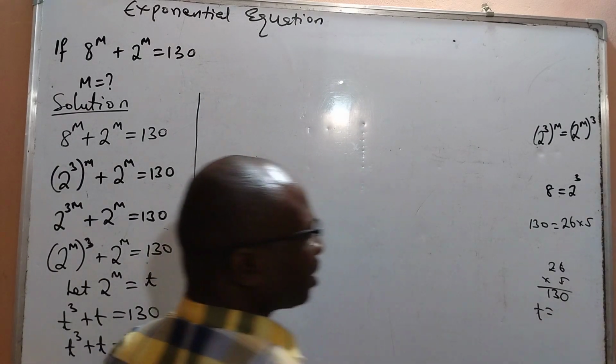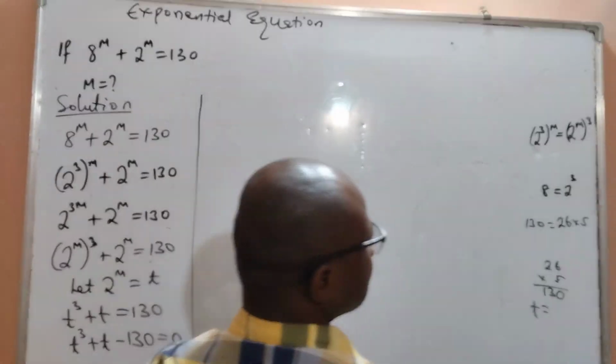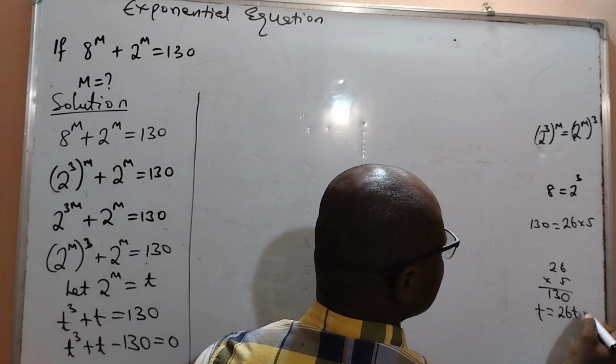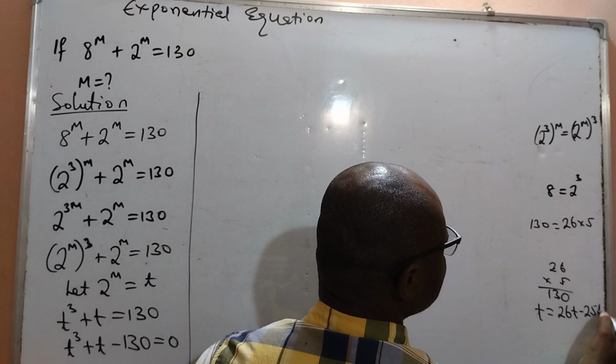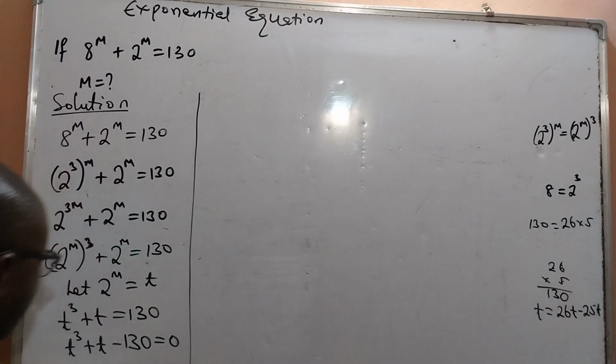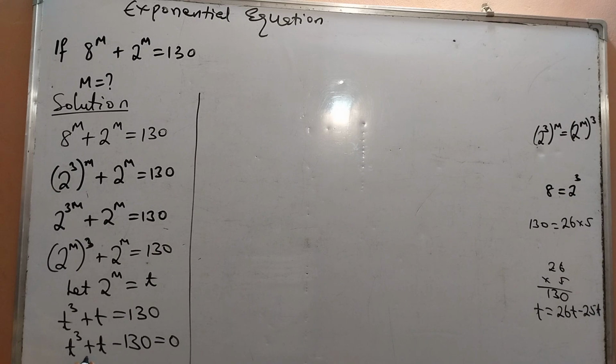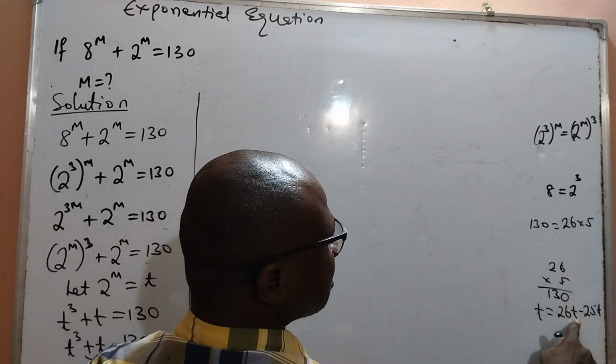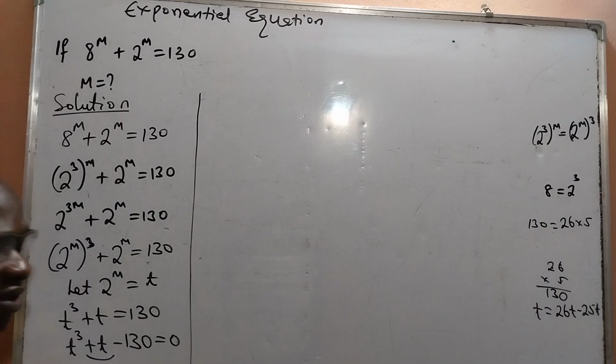Plus t can be written as 26t minus 25t. So I can represent plus t as 26t minus 25t.